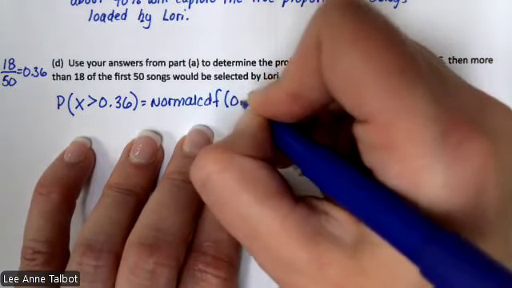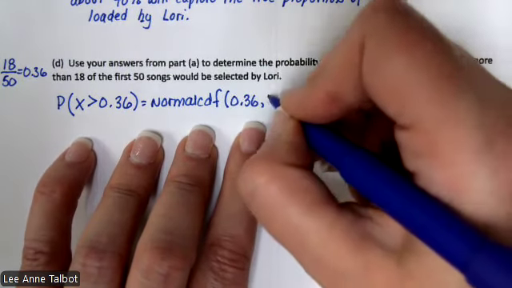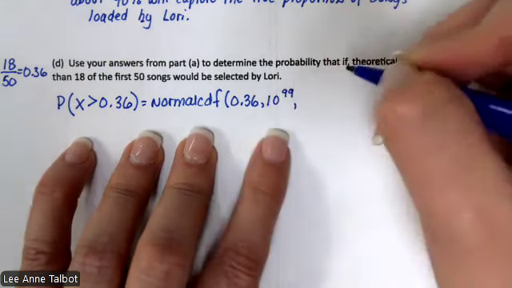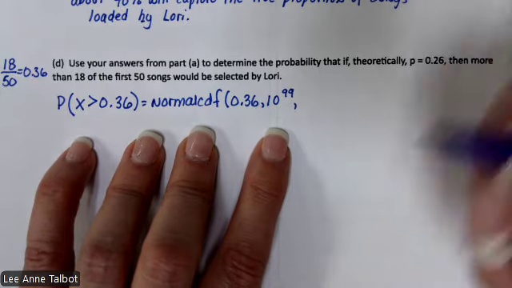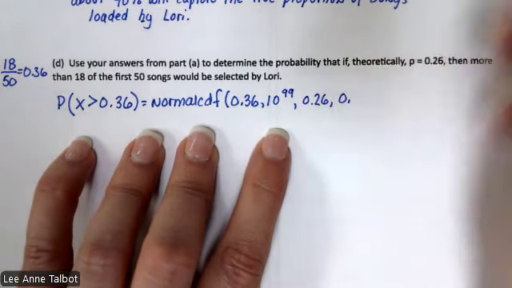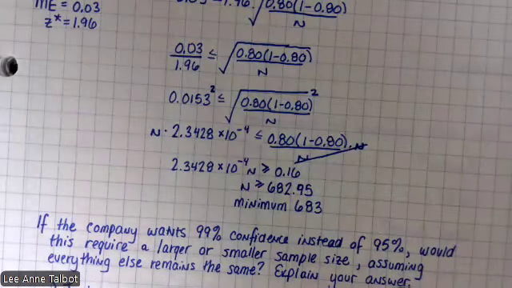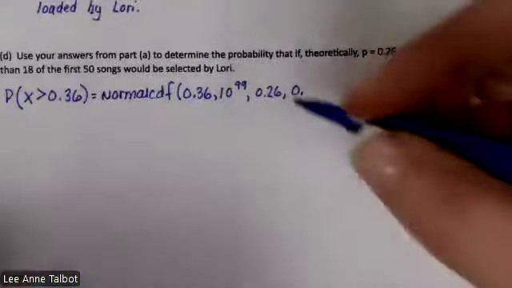Point 0.36. Then look back at your mean and standard deviation from A. What was it? 0.26 and 0.062, right?